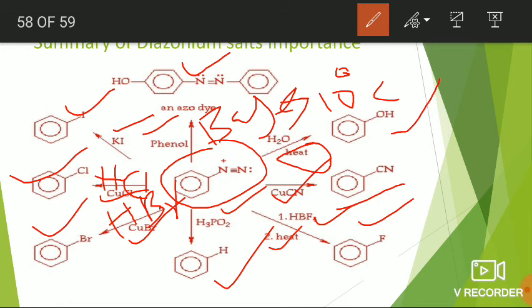If you treat the diazonium salt with amine in the presence of weak acid, we get corresponding diazo products or coupling products, which are also colored compounds. This is all about the synthetic applications or conversions of diazonium salts into various aryl derivatives. Okay, fine.